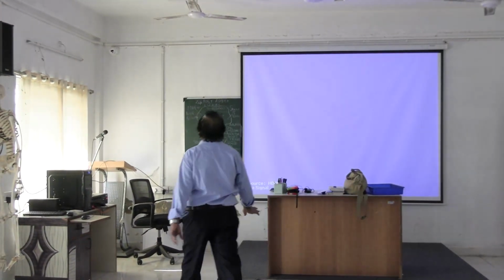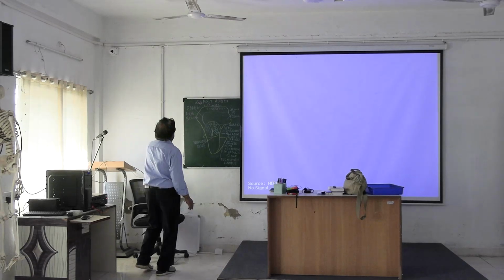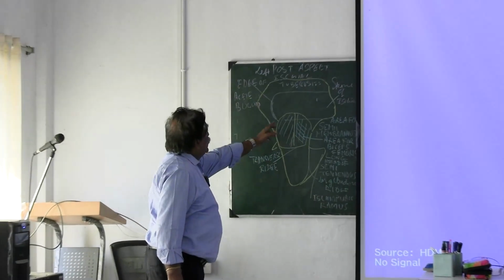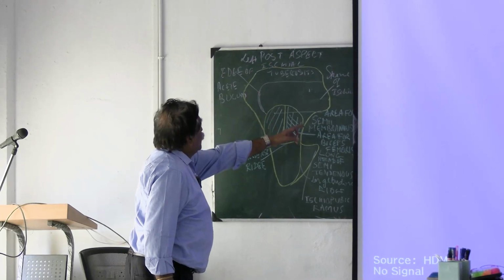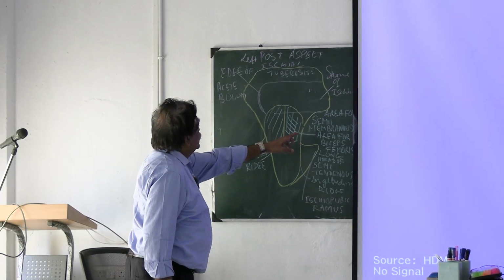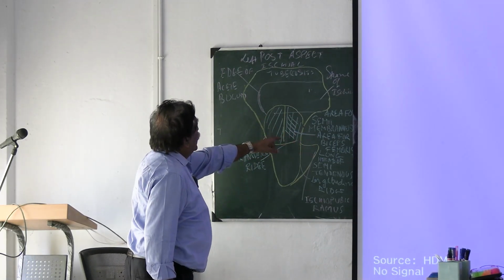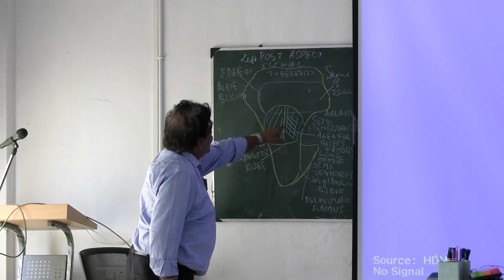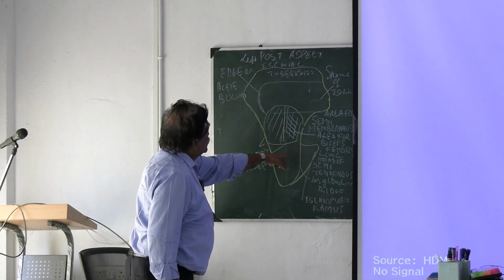Now you see the posterior aspect, this area for semimembranosus tendon and area for biceps femoris, this part, I hatched it.